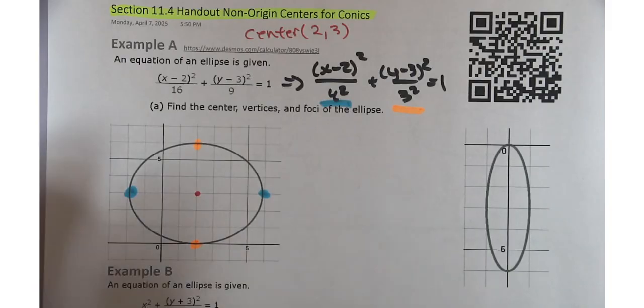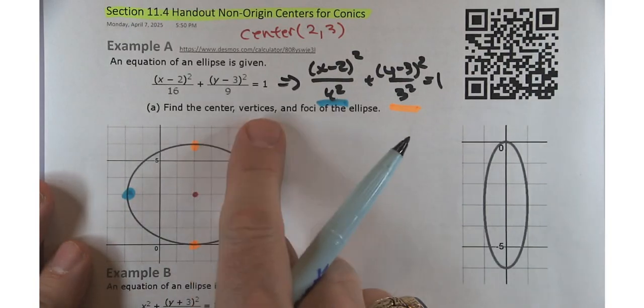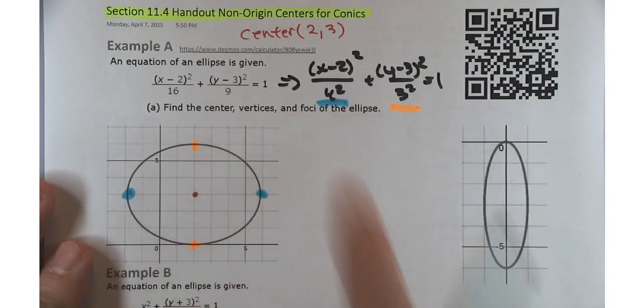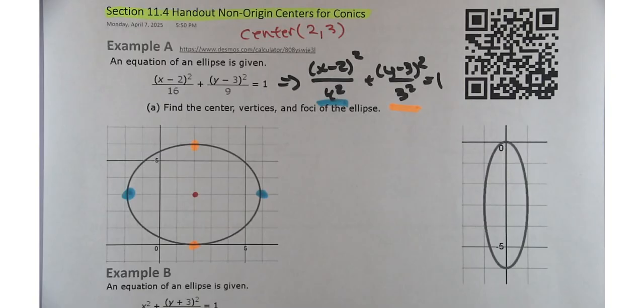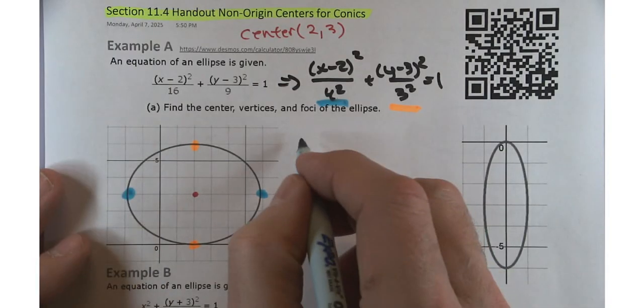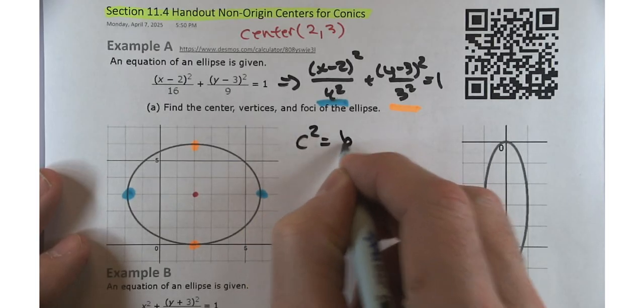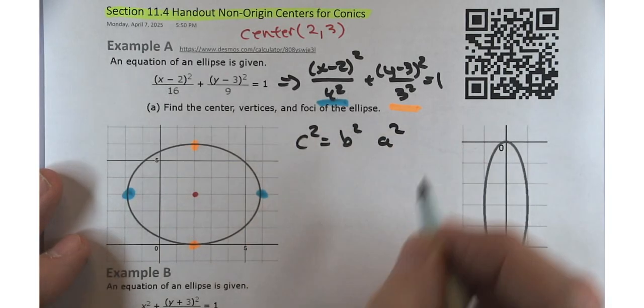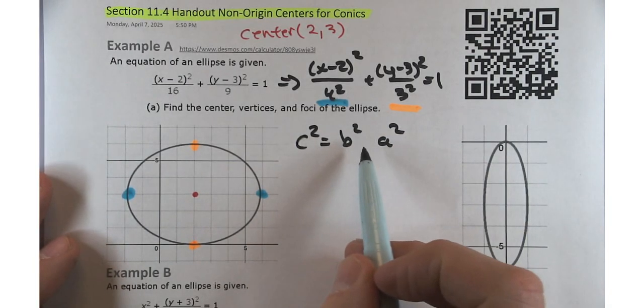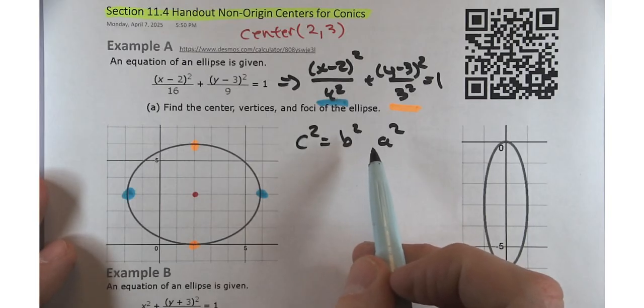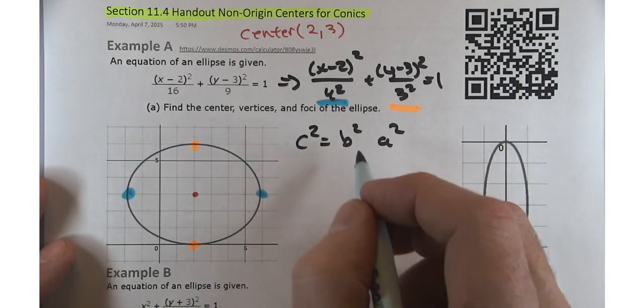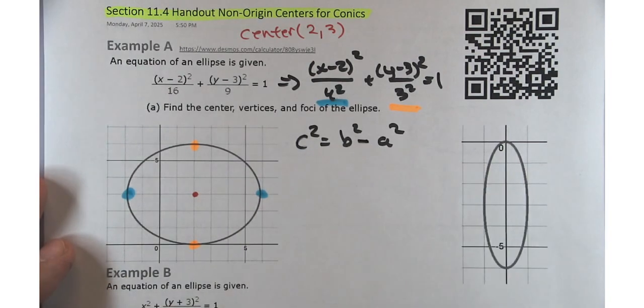There is one more thing that you're asked to find here, and that would be the foci for the ellipse. Now for the foci, there's that formula with the c squared and the b squared and the a squared. But what goes here, a plus or a minus? Little hesitation on that one. Let's put in the minus.